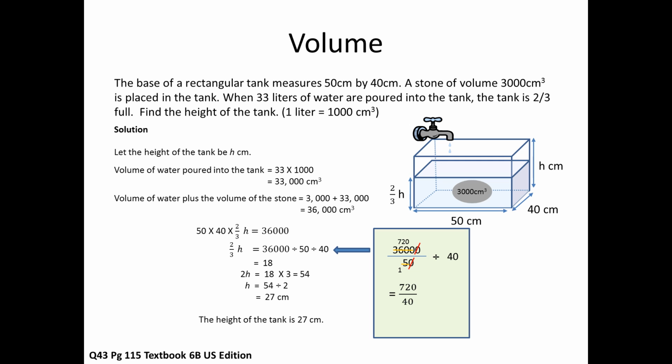Then I simplify this to become 720 over 40, and then I further reduce, and 72 divided by 4 is equal to 18, which was how I got 18 over here. So this is just some working for those who are interested.